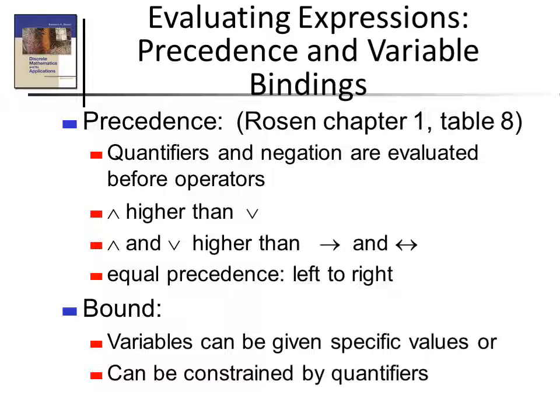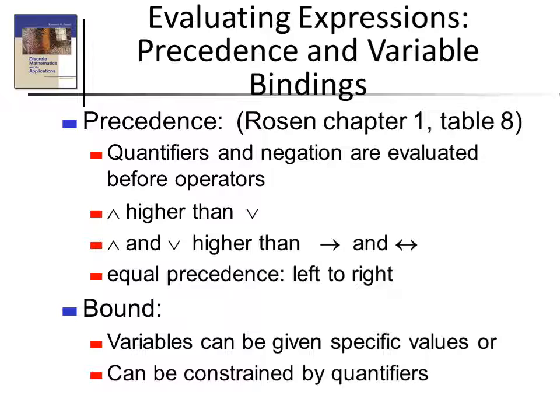Okay. Next, evaluating expressions. For evaluating any expression, we should know the precedence. Precedence means which operator should be considered first. Here, conjunction is higher than disjunction, and conjunction and disjunction are higher than implication and biconditional.